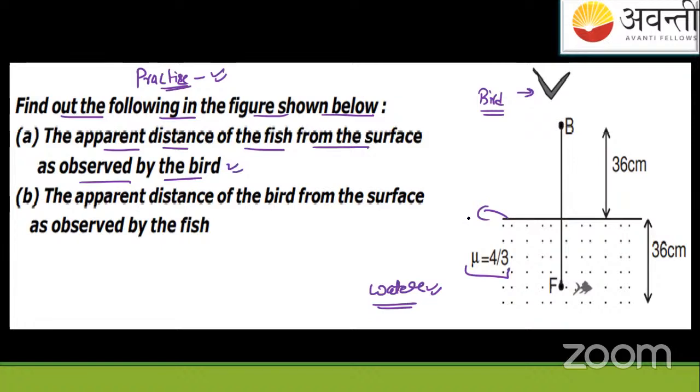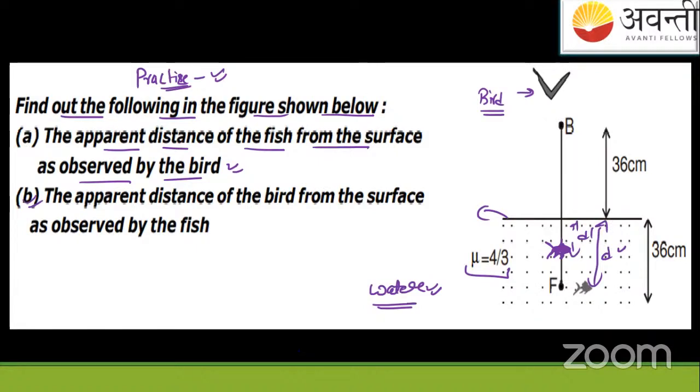Simple. The fish will appear to us as if it has risen by some height. So this will be the d dash, and d from the surface we know is 36. Apply the formula. Same for the bird also.